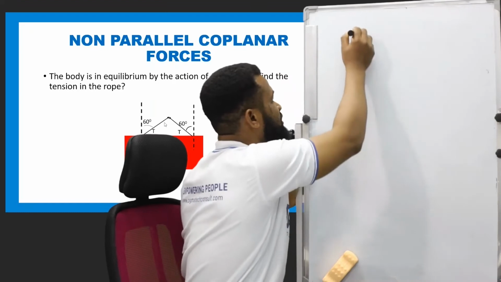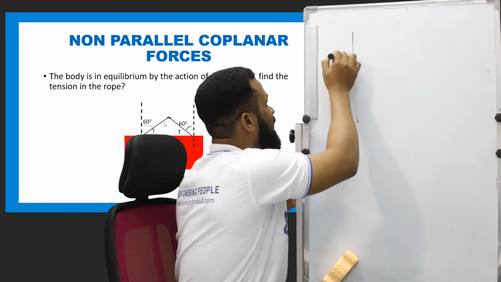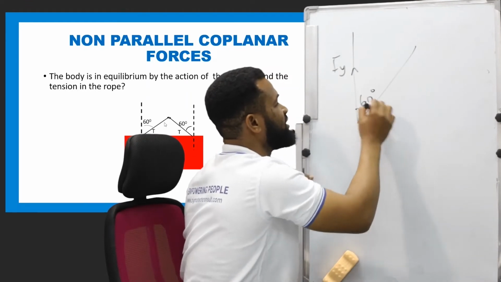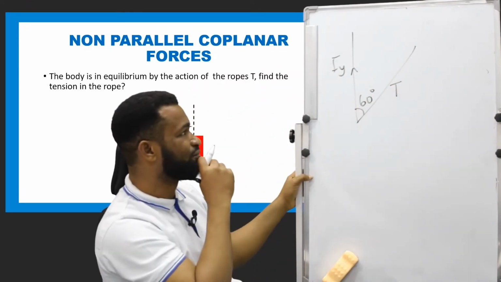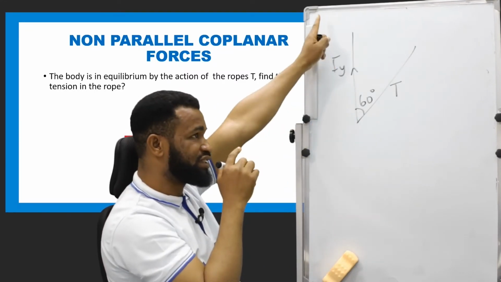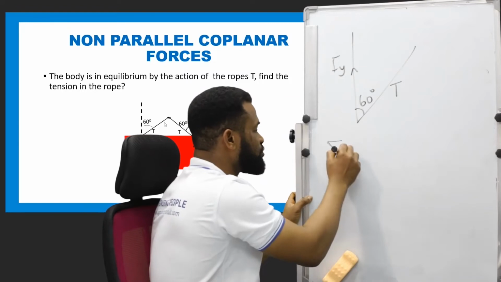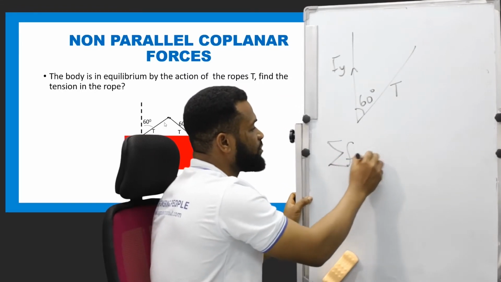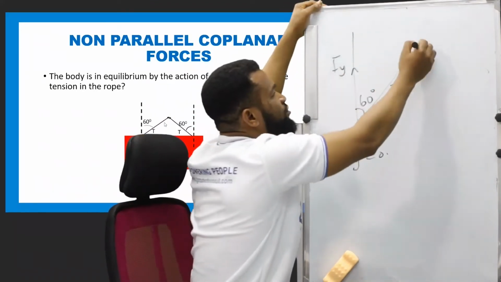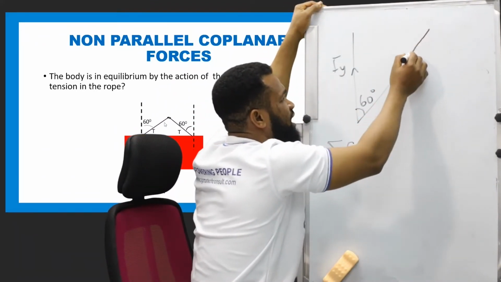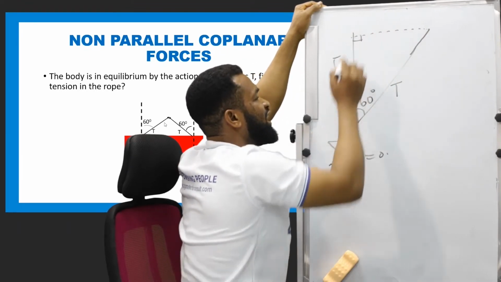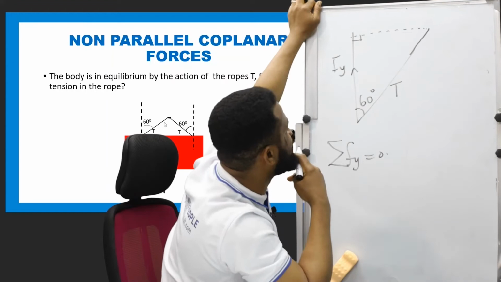Look at what happened. This is the y-axis, and this is the force acting at 60 degrees to the y-axis, under this tension. How can I resolve this force to vertical? Because I want to say that the sum of all the vertical forces must be equal to 0. I'm going to do a vector projection, projecting this vector onto the vertical component, and I have a right angle triangle.